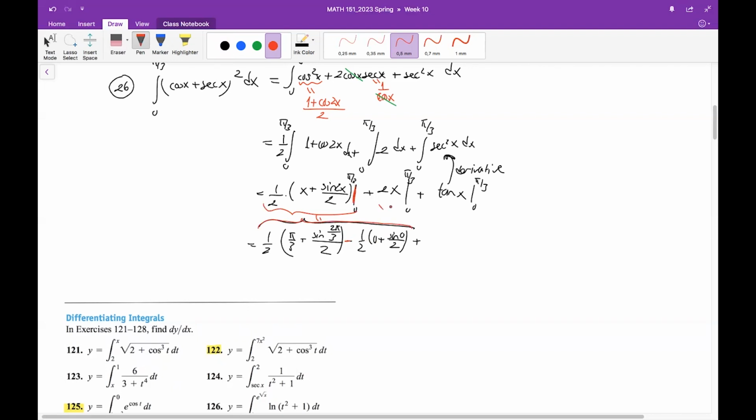And we keep doing the same for the next. So this is 2 times pi over 3 minus 2 times 0. And now the last expression is tangent pi over 3 minus tangent 0.